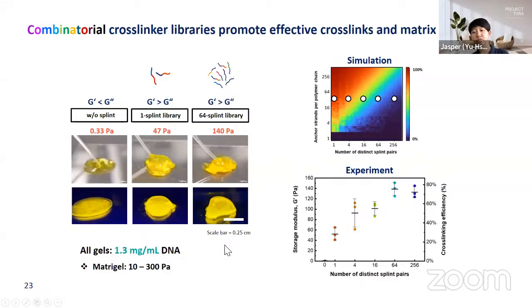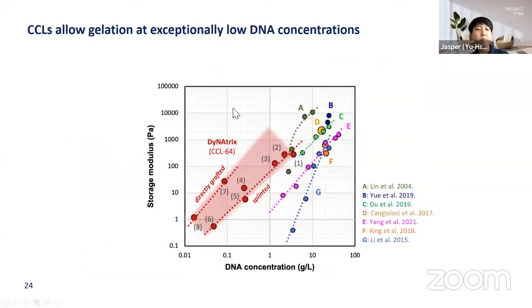And we're happy to reach this range. Furthermore, we're also happy that thanks to this complex library system, we can achieve gelation at exceptionally low DNA content compared to other previously reported DNA cross-linked polymer gels.